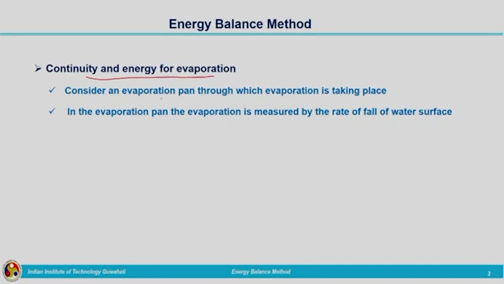What we are going to do, we are going to consider an evaporation pan through which evaporation is taking place. What is an evaporation pan, and how the rate of evaporation is calculated, that we have seen in the previous lecture under the topic of experimental approach. So, evaporation pan will be filled with some amount of water.